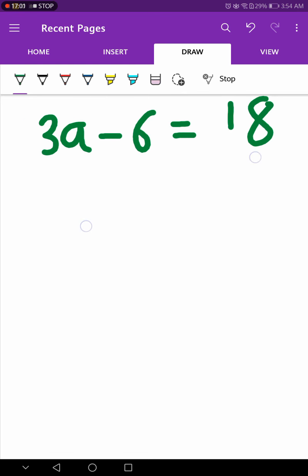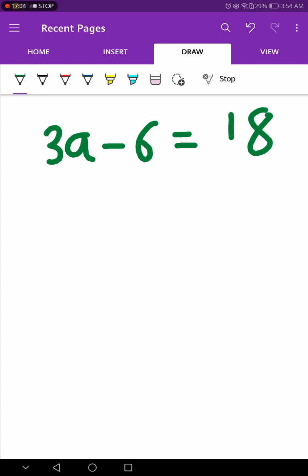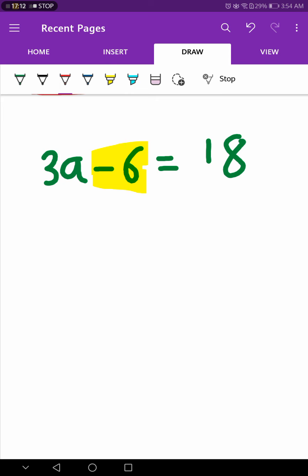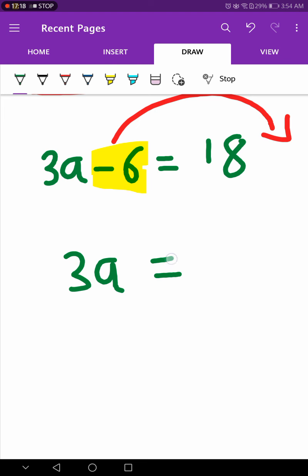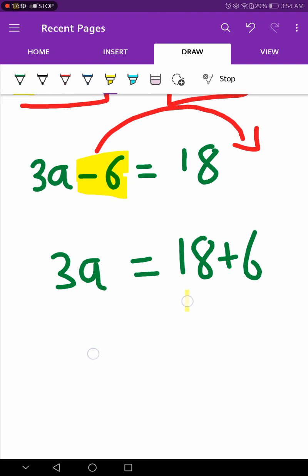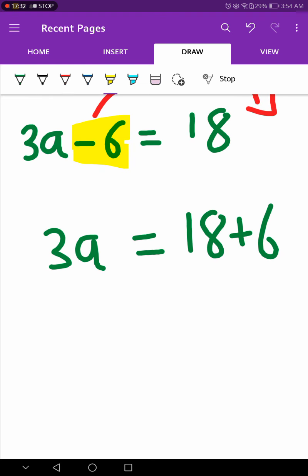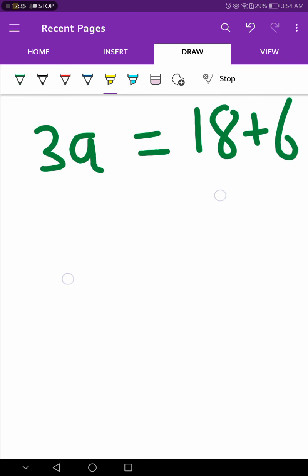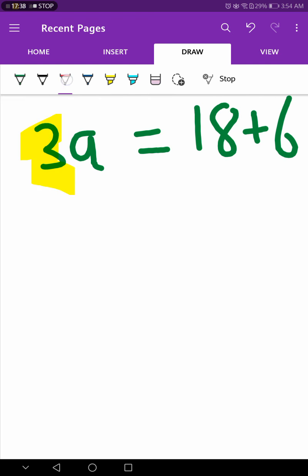This equation needs 2 steps to solve. First of all, we move this to the right side, so the 3a comes down and the 18 plus 6. Yes, great. Now, all the time I start with the term, I move the term to the other side and then look at the coefficient, which is 3 here, and divide the two sides by the coefficient.